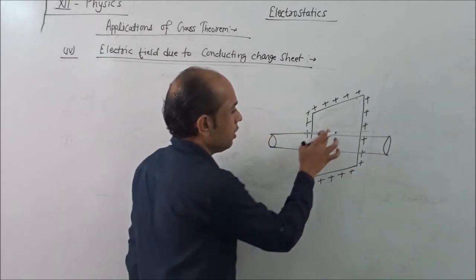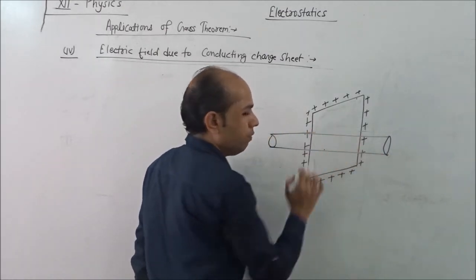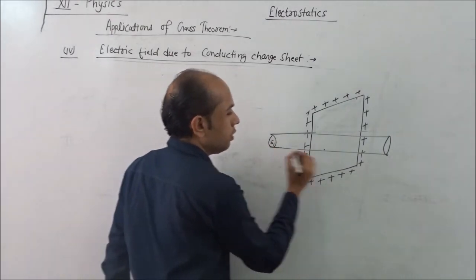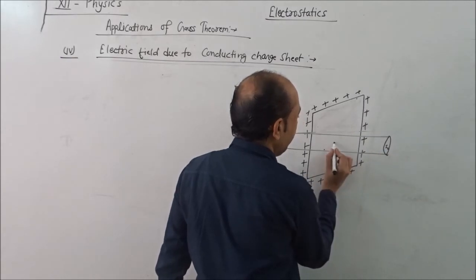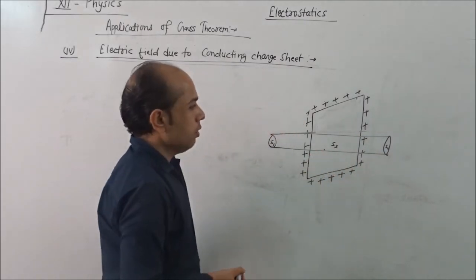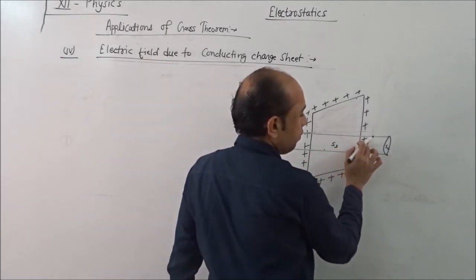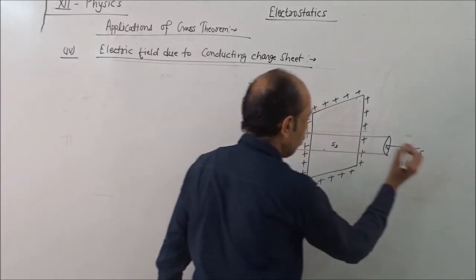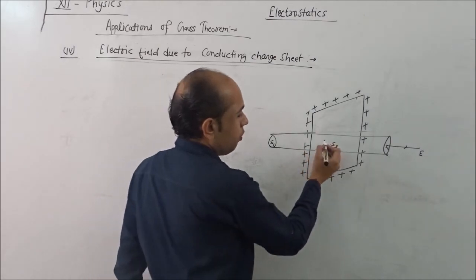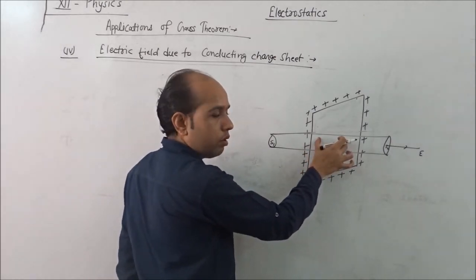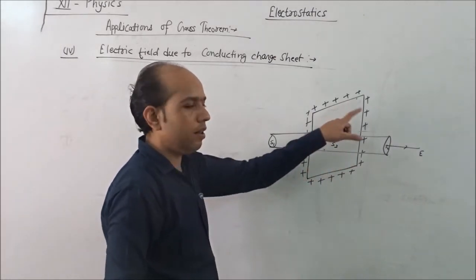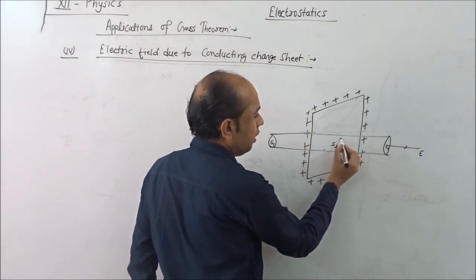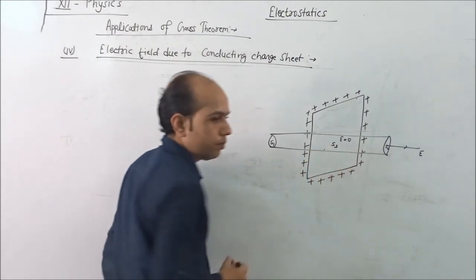And after drawing the cylinder, we need the direction of the electric field. So again we split into three parts, S1, S2 and S3. Because of positive Q charge, the direction of electric field is outward. For the mid part, there is no charge inside the conducting sheet. So for the S3 part, electric field is 0.